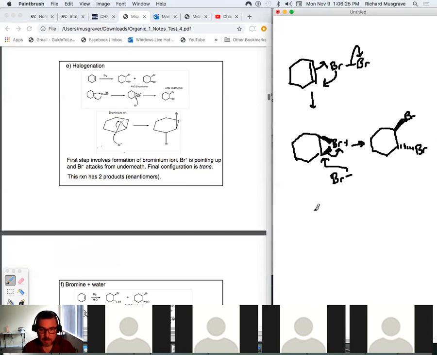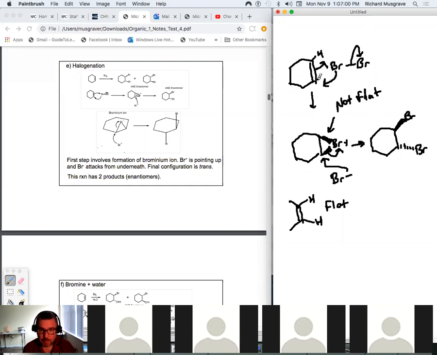Now, I want to give you a little bit of a reminder here as to bond angles and the nature of the bond. So in the case of any alkene, it's flat or planar. In this instance, this is not flat because it's not a double bond. It's an sp3 hybridized carbon, or essentially is. And there are 2 hydrogens connected here.